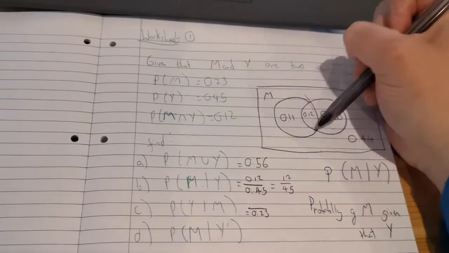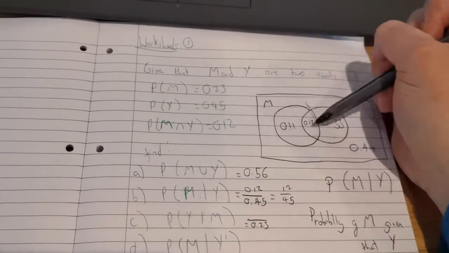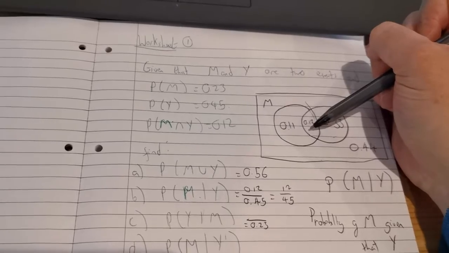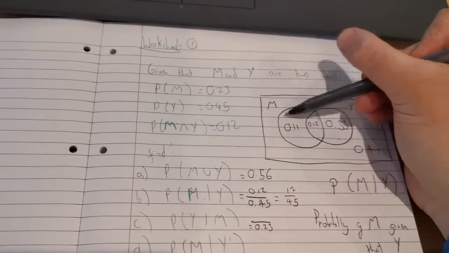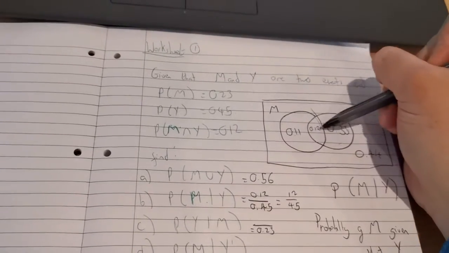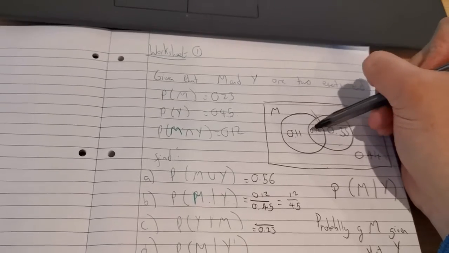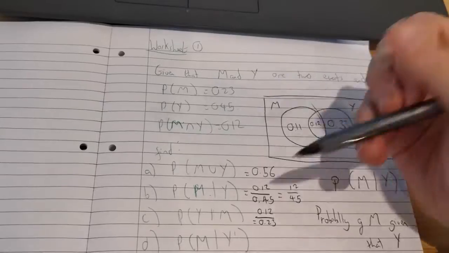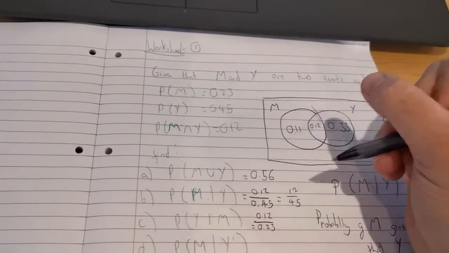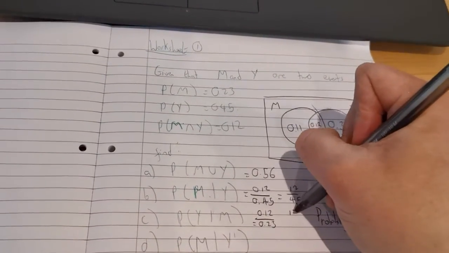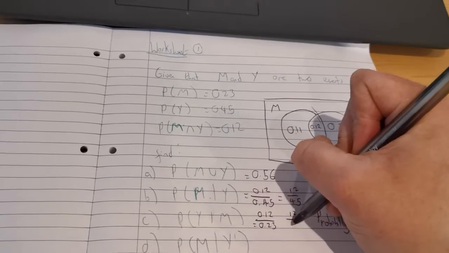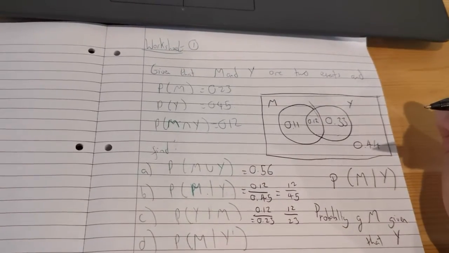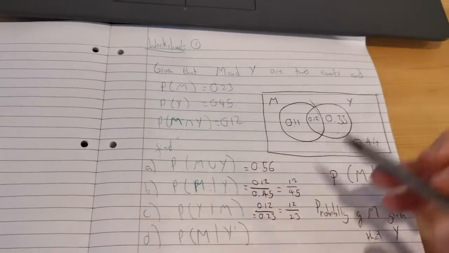That's my total probability. Given that I have M, what's the probability that I have Y? Well, the Y section within that is 0.12. So it's going to be 0.12 over 0.23, so 12/23.